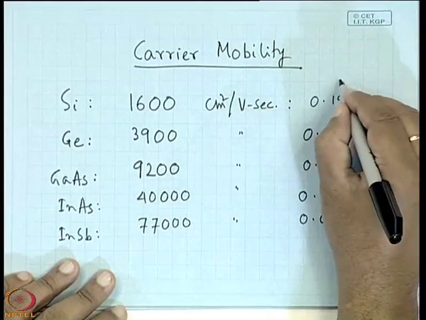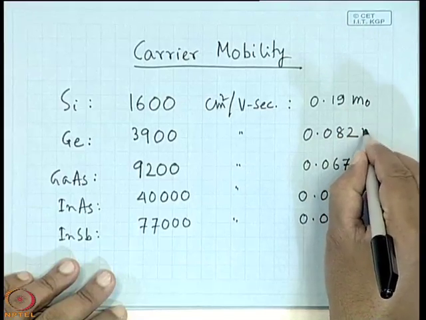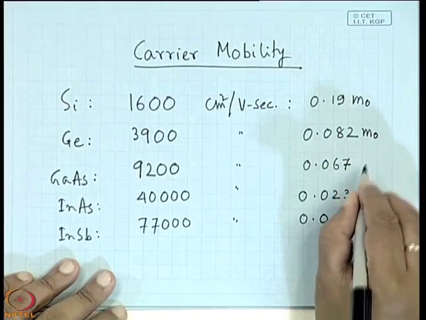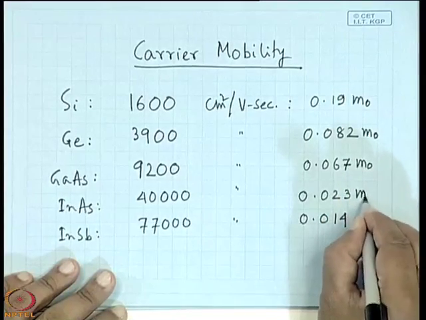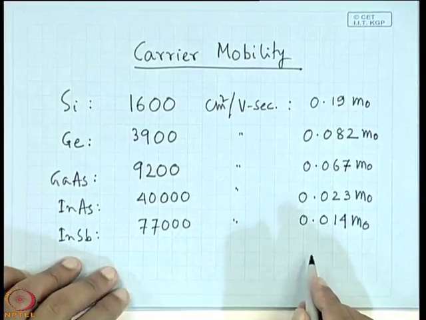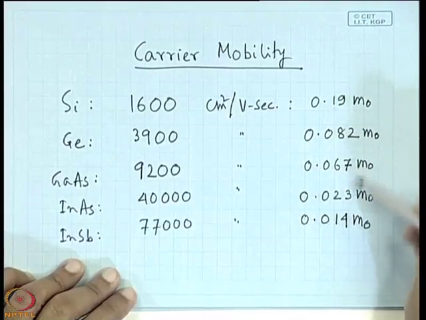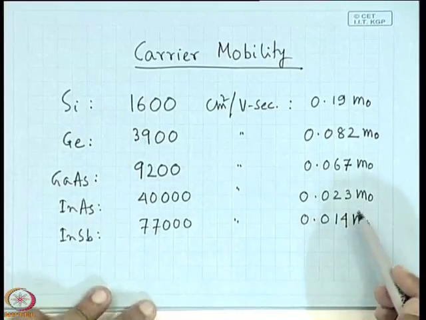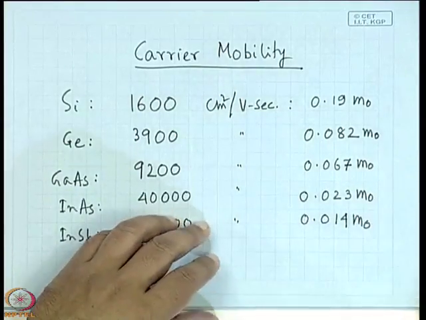These are the effective masses, 0.19 m0, 0.082 m0, 0.067 m0, 0.023 m0, and 0.014 m0. What is m0? m0 is the rest mass which is given by 9.1 times 10 to the power minus 31 kg. So, you see that basically as the effective mass decreases, the mobility increases.